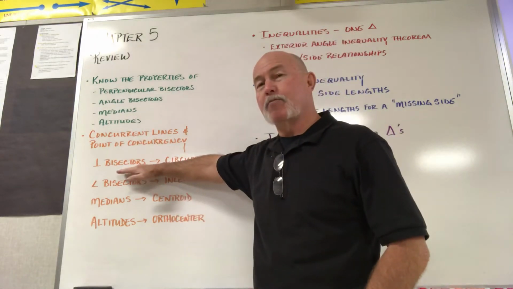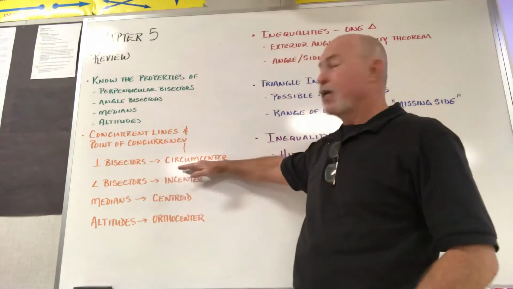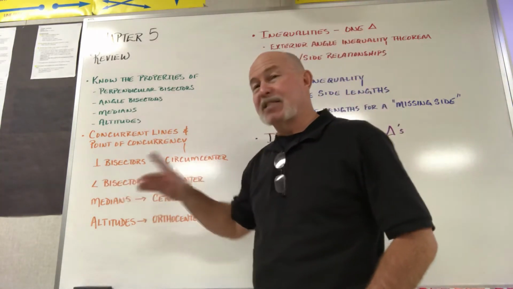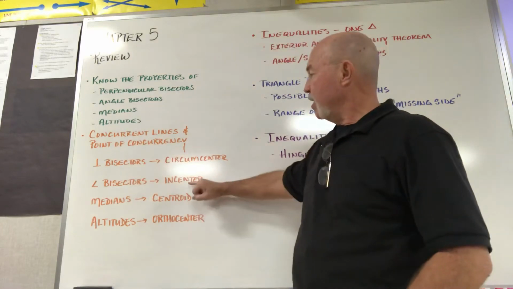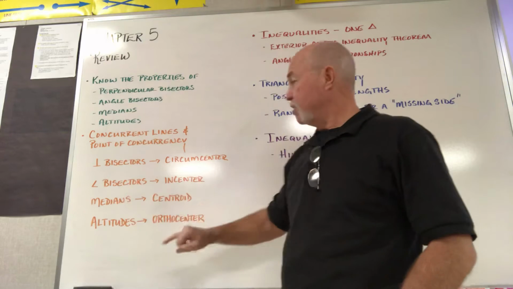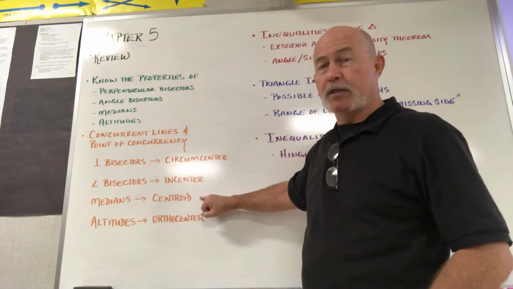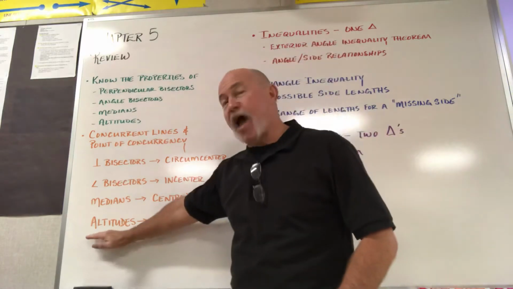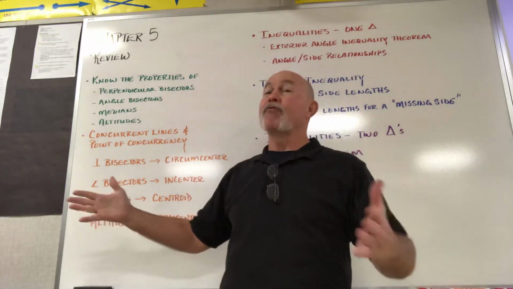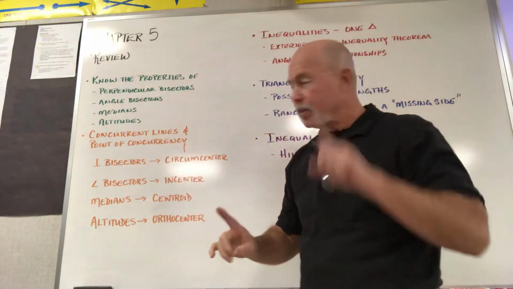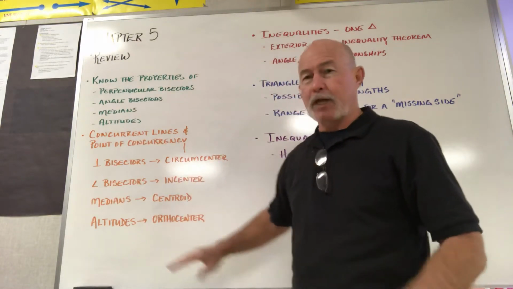For perpendicular bisectors, when they all intersect, it's a circumcenter. When angle bisectors intersect, it's an incenter. When medians intersect, it's a centroid, which sounds like a new Marvel superhero. The altitudes, remember, they may intersect outside as well. So that's called an orthocenter.